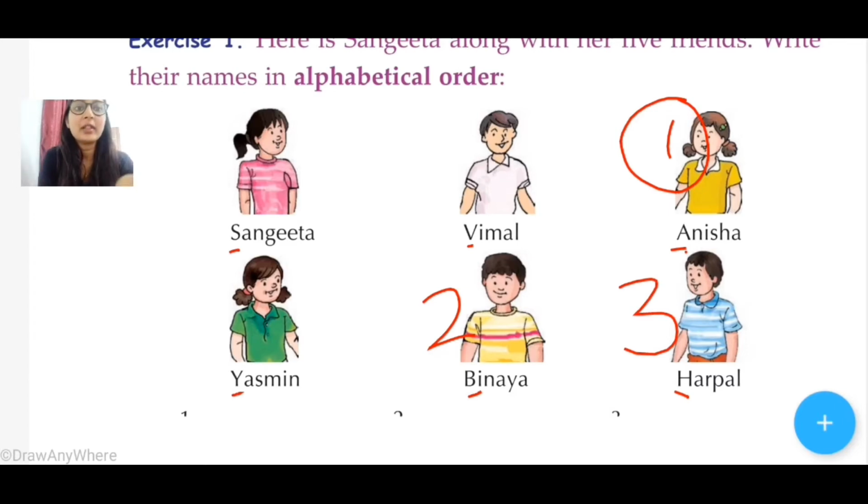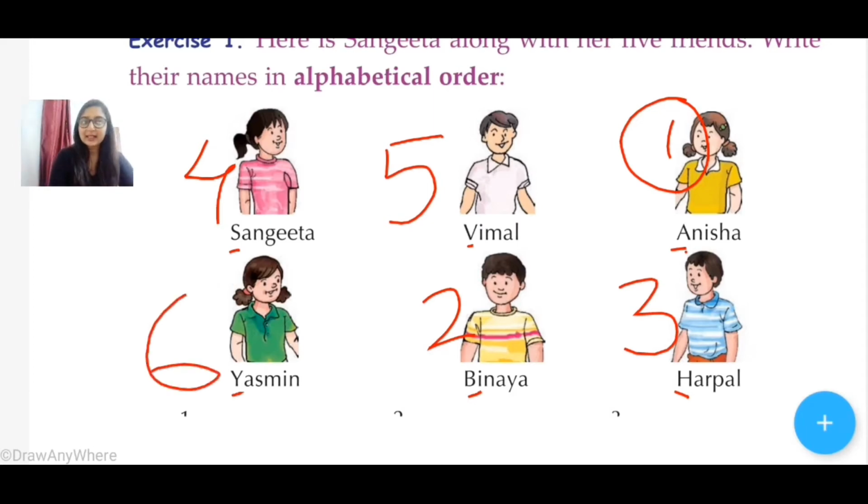So Sangeeta will be 4. T. U. No. V. Vimal. So Vimal will be 5. W. X. Y. Yes. So Yasmin will be 6.